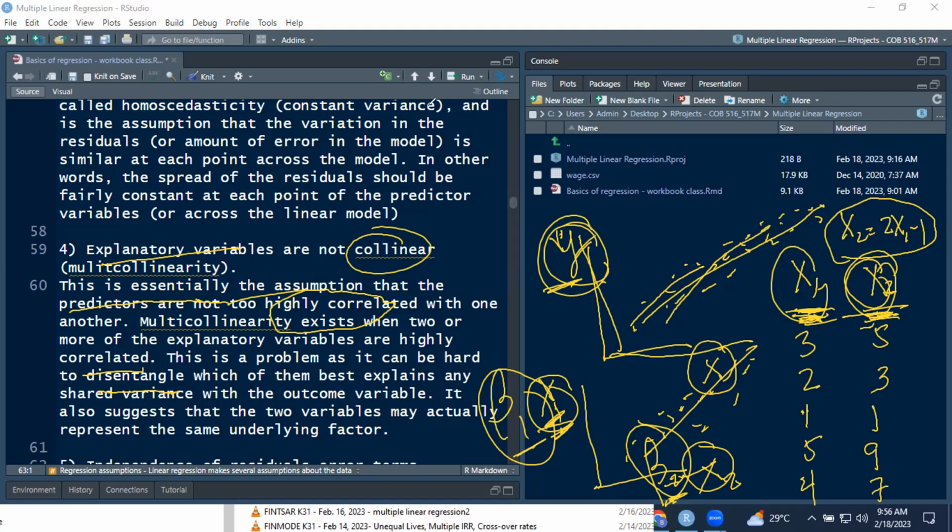Second, sabi natin, dapat linear in parameters. When we say linear in parameters, yung mga betas natin in our models, they should not be squared or cubed, raised to a certain power, or may reciprocal siya, 1 over beta, hindi pa pwedeng ganun. Linear lang dapat.